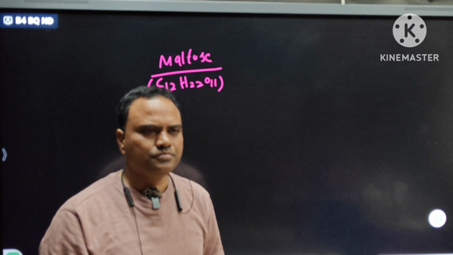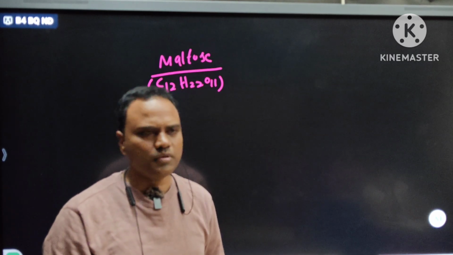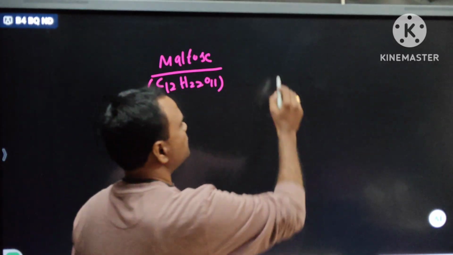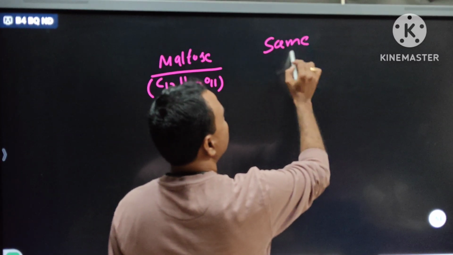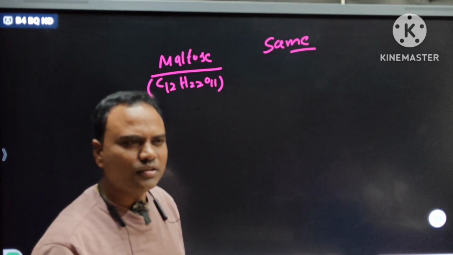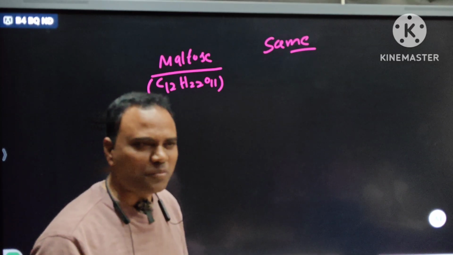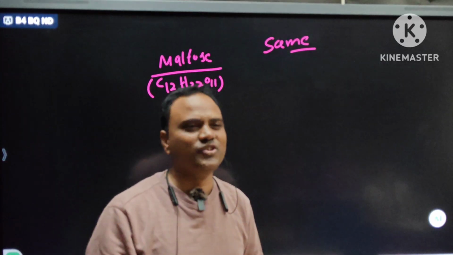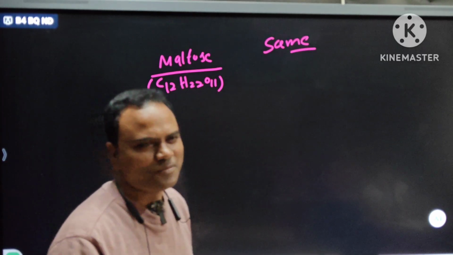The formula is the same. Sucrose, maltose and lactose formulas are the same. The name ending with the word M means this is composed of the same, similar units. That is the trick.